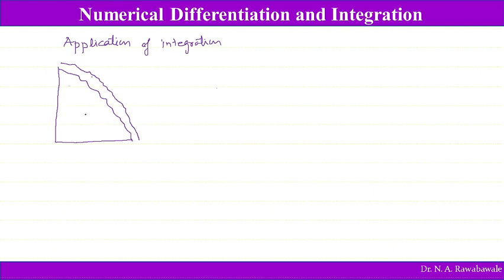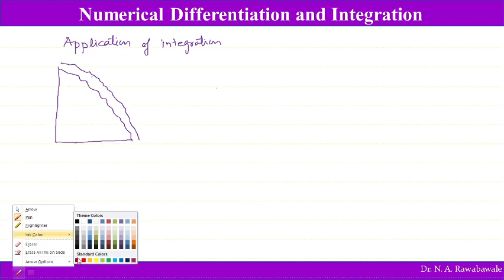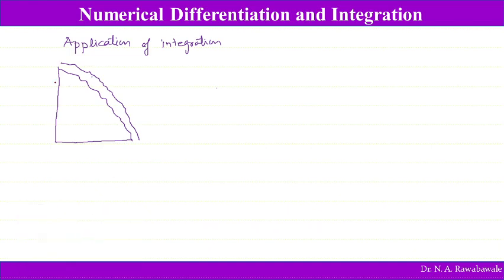It is difficult for us to find out this area of land, so that's why we divide this into small rectangles of unit area. So we draw horizontal lines here like this, and then we draw vertical lines like this.